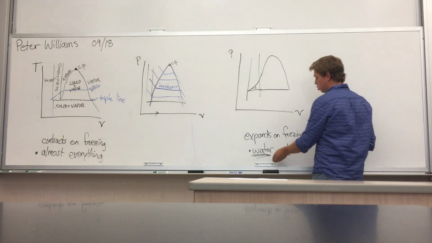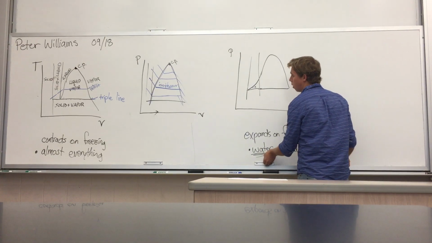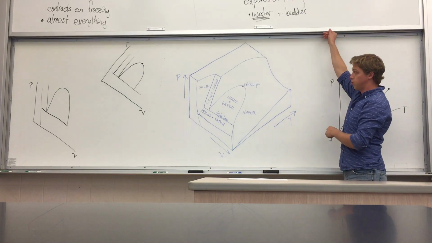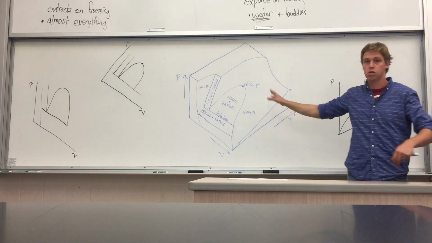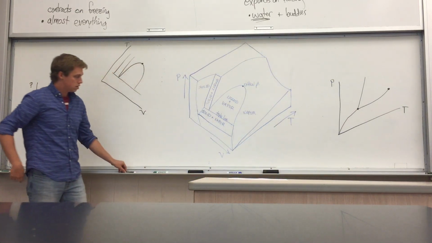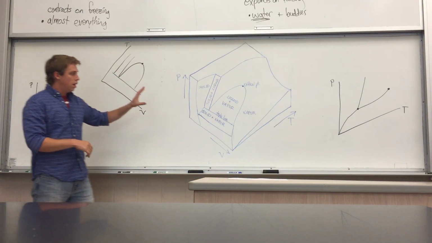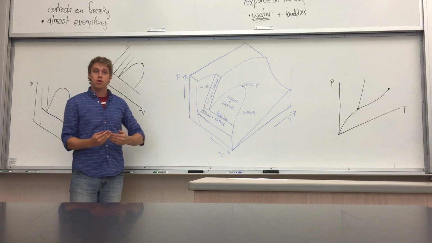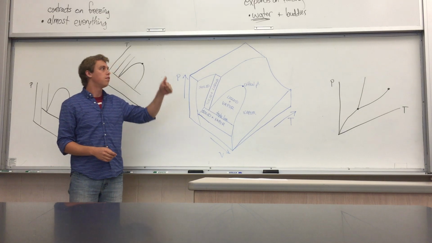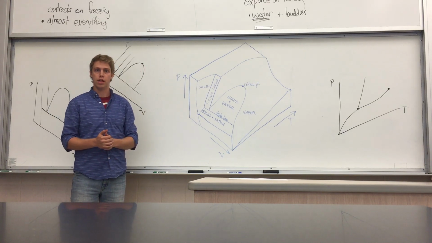But I've tried to do my best with drawing it. So for right now, just look at the blue and I'll explain what the black charts are later. All right. So this is a PVT surface. It's the 3D version of those 2D graphs we've been looking at.